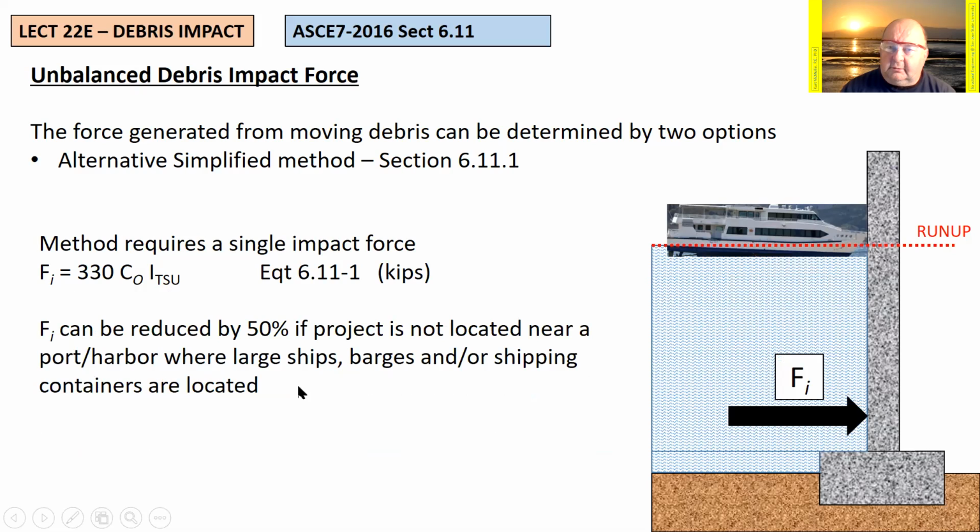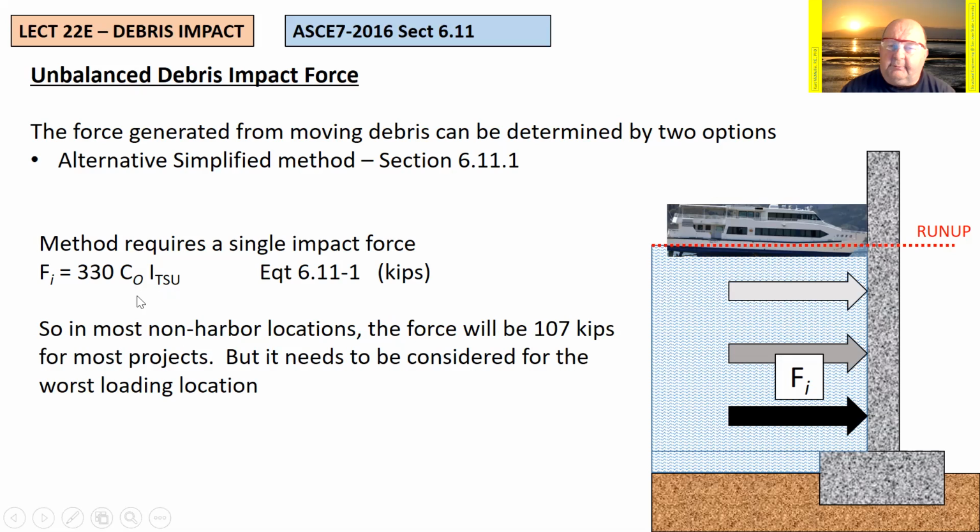There is one important item in the code that says that F sub I can be reduced by 50% if the project is not located near a port or a harbor where large ships, barges, or shipping containers are located. So for the vast majority of the shoreline, we probably are not near this type of a shipping facility.